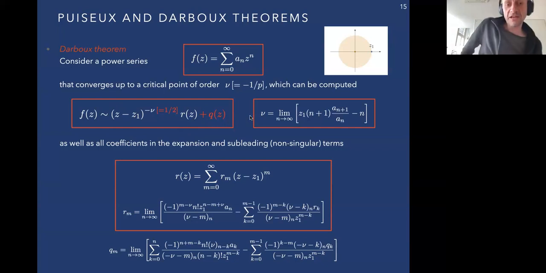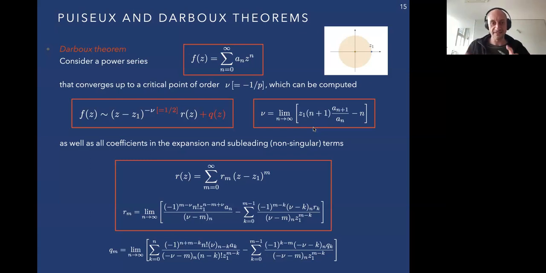And what the Darboux theorem tells you is, at first, how to compute nu, okay? You can compute nu from the high order asymptotics of the series coefficients an, okay? Basically, it's a little bit like these tests for convergence, where you need to know the high coefficients in order to compute the radius of convergence.